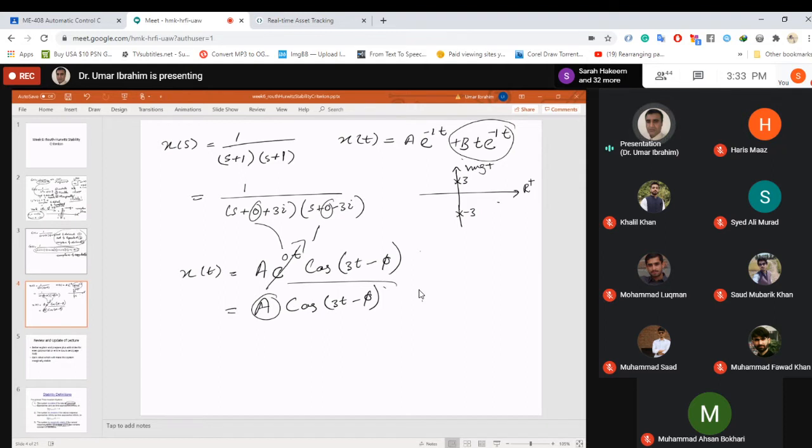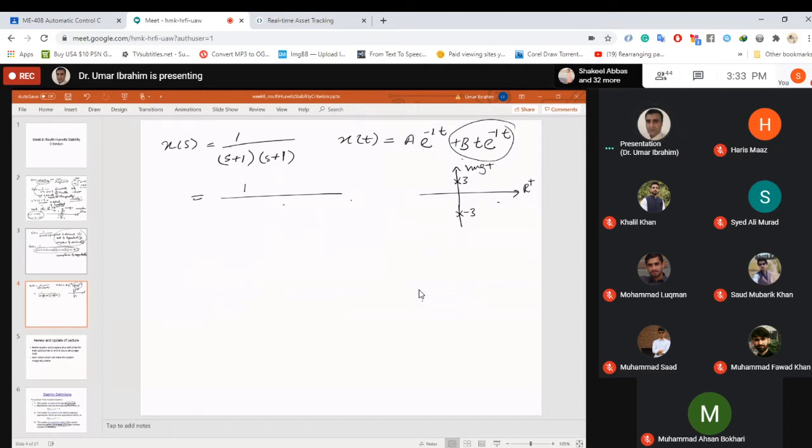Okay. Now you understand that the real part here is 0. Now if I have repeated poles, let me write the whole thing so there is no confusion.